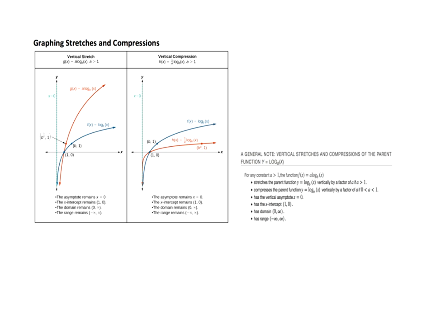So what we see here is that if A is greater than 1, it's going to be a vertical stretch. And if A is between 0 and 1, then it's going to be a vertical compress.